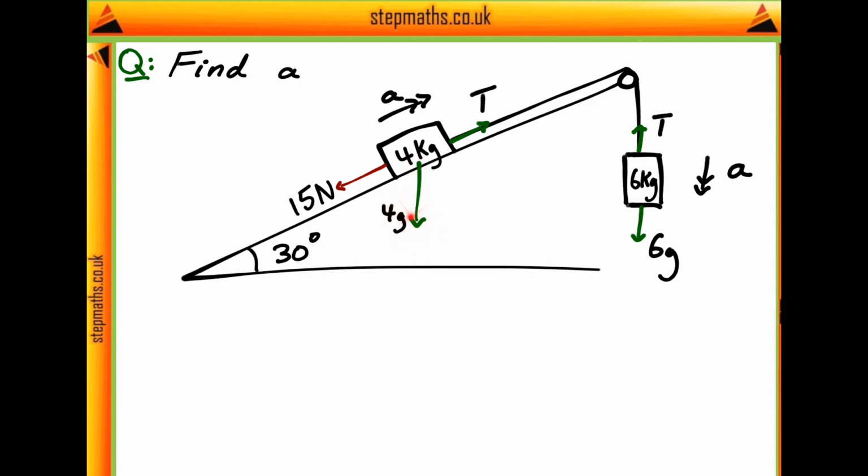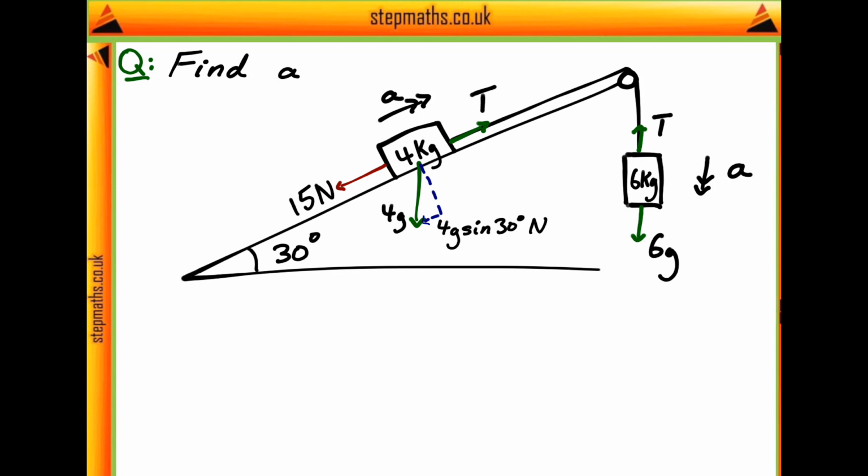We can't tell what direction it's in relative to these other directions. So we can resolve it parallel to the slope. If we do this properly, we find that the component parallel to the slope is 4g sine of 30 degrees newtons. So we also have this force acting down the slope in the same direction as our 15 newtons.